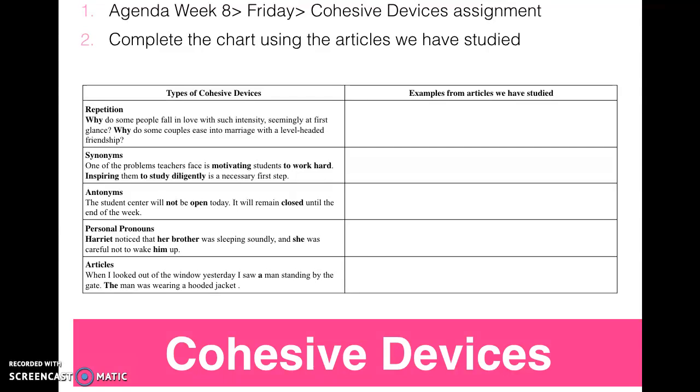Synonyms, try to find words that mean the same thing but are different. Antonyms as well have the opposite meaning. So search down through those, and I'm going to get you to fill out this sheet and email it to me. Okay, so step 1 is to identify the different cohesive devices. Step 2 will be using them. Okay, try to use them in your writing. They're a good idea. They add to the flow and more sophistication. Good luck.